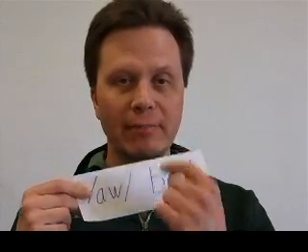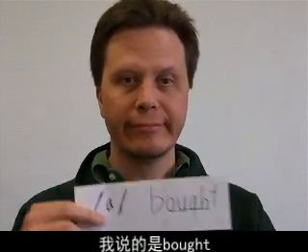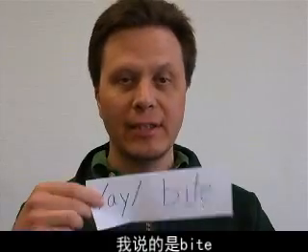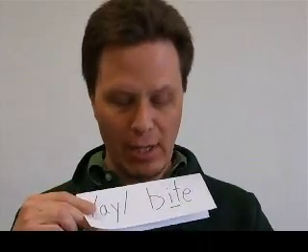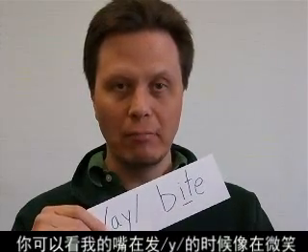See how my lips come together for the W? "Bought." I said this one, "bought". "Bite." I said this word here. See how my lips are spread for the Y? "Bite."